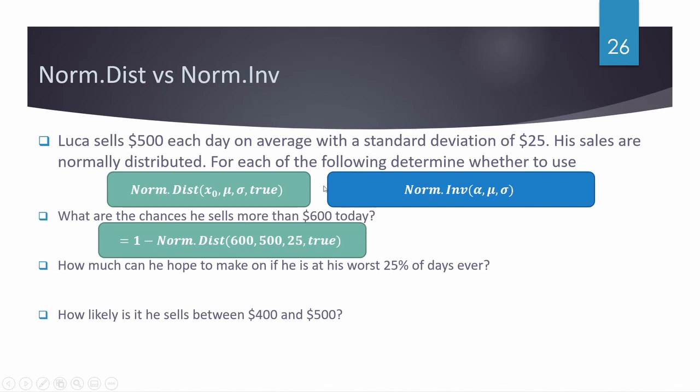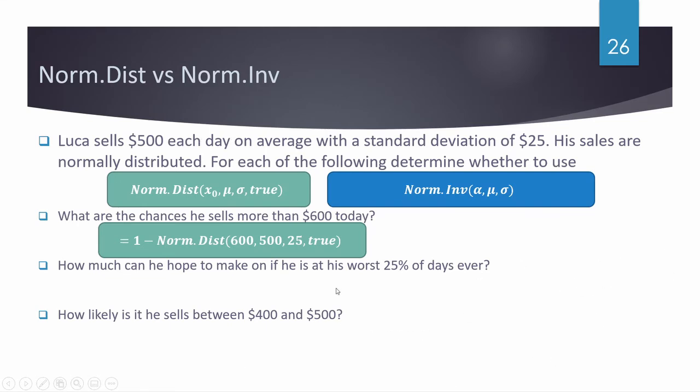Now, since we want to know the probability he sells more than something, we have to remember to use our 1 minus norm.dist trick here to get the area above something, since norm.dist always automatically calculates the probability of observing something less than or equal to a particular value. Our next question says, how much can he hope to make if he's at his worst 25% of days ever?